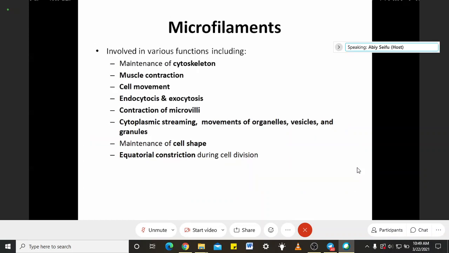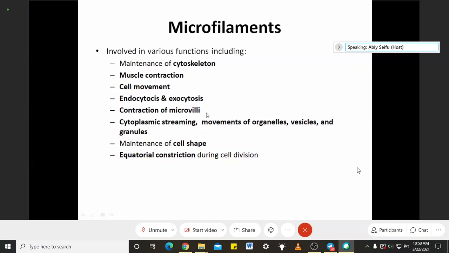Microfilaments are very important for our cells for various functions, including formation of cytoskeleton and muscle contraction, but they are also involved in additional important activities such as cell movements, endocytosis, exocytosis, and contraction of microvilli.